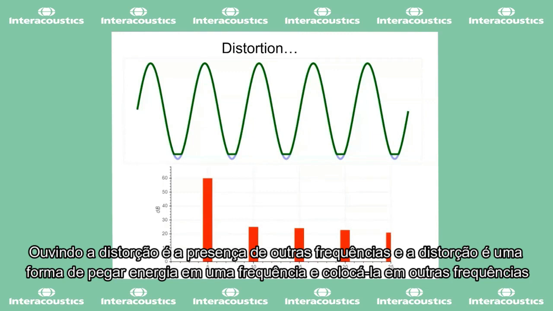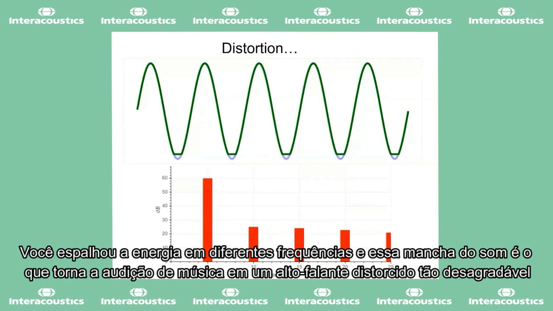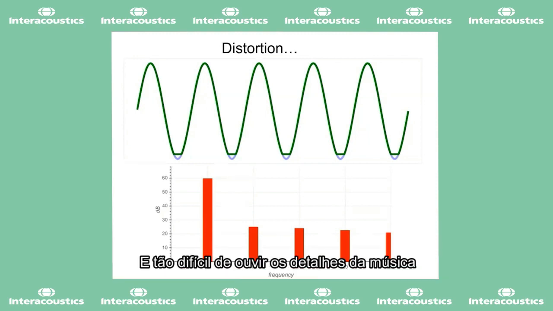And so distortion is a way of taking energy at one frequency and placing it at other frequencies. You've smeared the energy across different frequencies. And that smearing of the sound is what makes listening to music in a distorted speaker so unpleasant and so difficult to hear the details in the music.